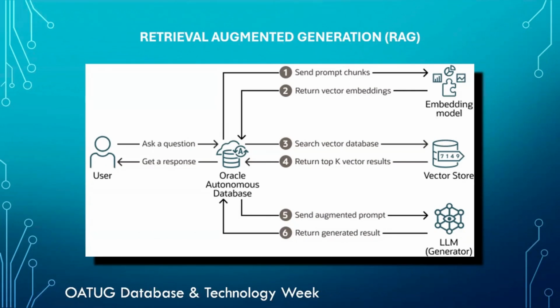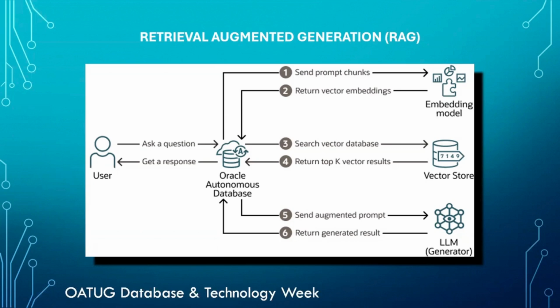Based on the search, the flow is, for example, if a user asks a question, it sends the prompt chunks to the embedding model, and then the embedding model is going to return the vectors, and the vectors are going to be stored in the database. Then we are going to search based on the vector database, and it's going to produce the top K vector results.